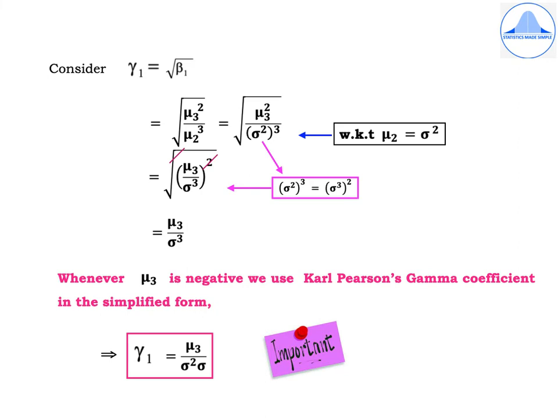Let us now simplify gamma 1 equal to root of beta 1, which is equal to root of, substitute the formula for beta 1, which is mu 3 square divided by mu 2 cubed. Now we know that mu 2 is the variance, and the variance is denoted by sigma square. So it will be equal to root of mu 3 square divided by sigma square whole cube.